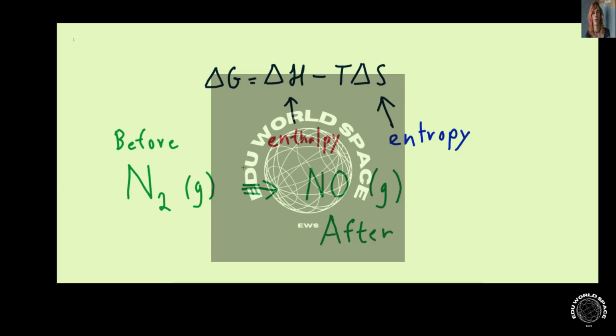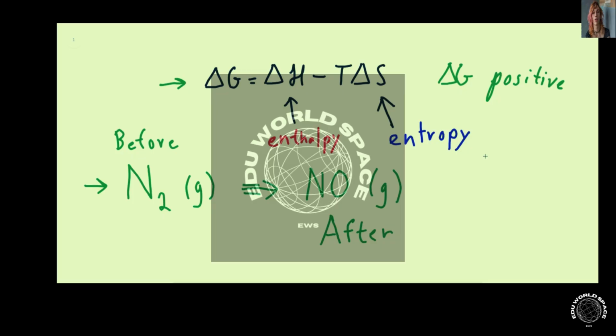Writing the conversion is sufficient to figure out why delta G is positive for nitrogen oxides. And there's a reason for that.